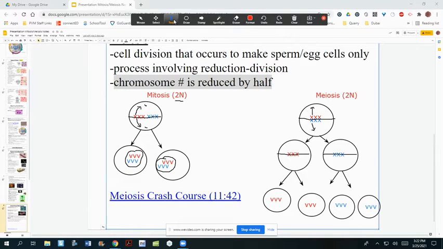Well, what have you done to the amount of genetic material in each nucleus? Each nucleus, instead of having 2N, these are going to be N. It's just one set. It's reduction division.